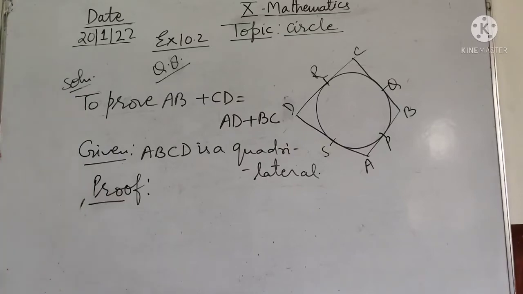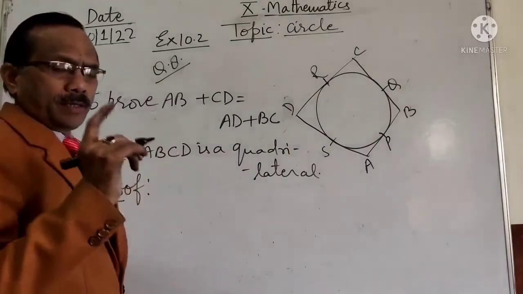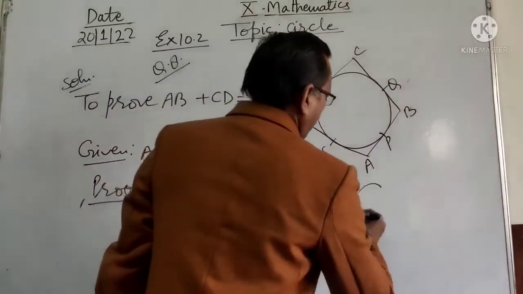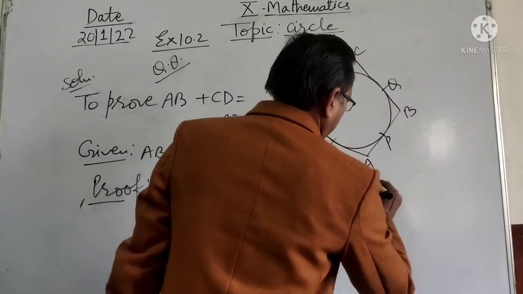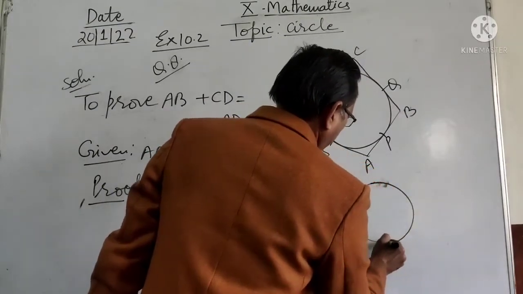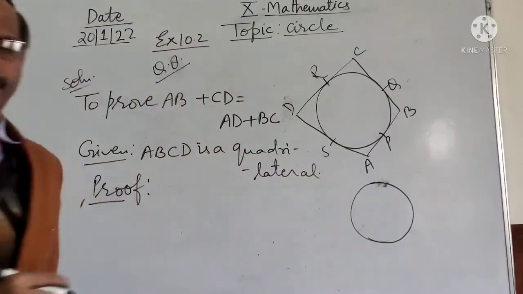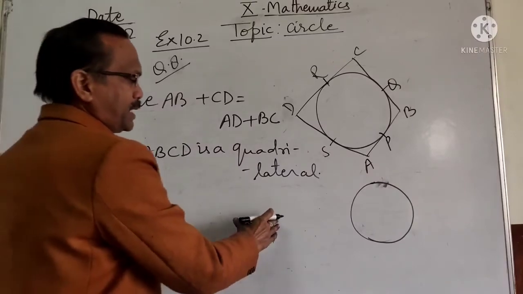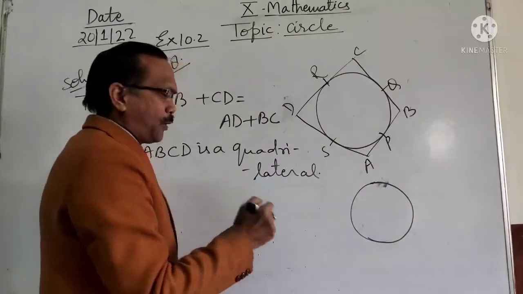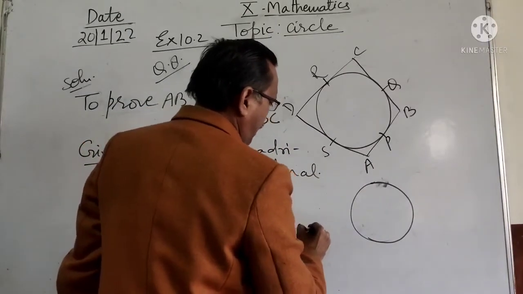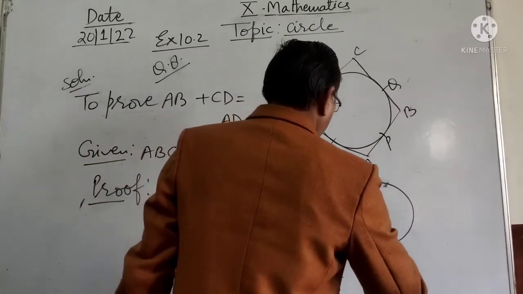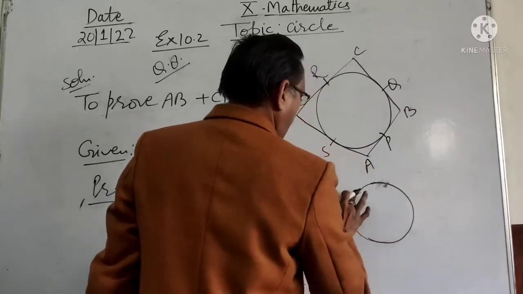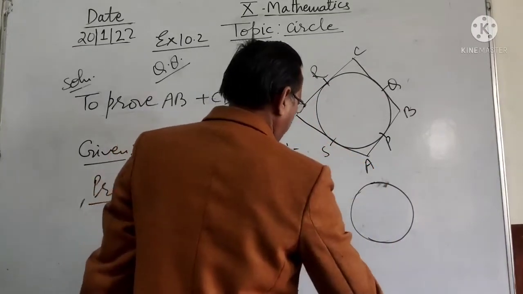It is like a theorem. There is one theorem: the tangents drawn from an external point to a circle are equal in length.